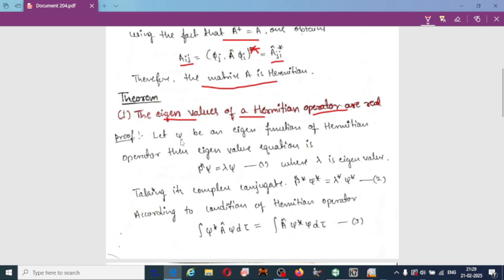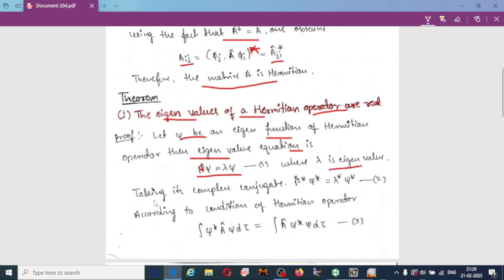Let psi be an eigenfunction of the Hermitian operator. Then the eigenvalue equation is given by A cap psi equal to lambda psi. So this is the eigenvalue equation: A cap, a Hermitian operator, operating on the function psi, where lambda is the eigenvalue.